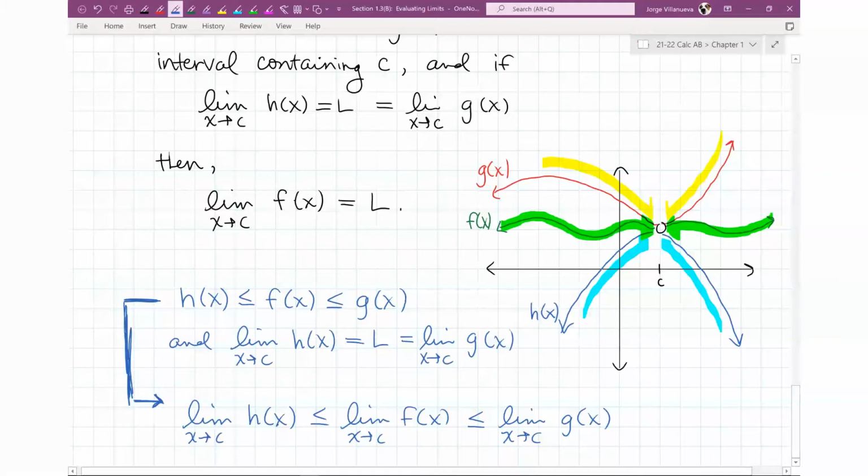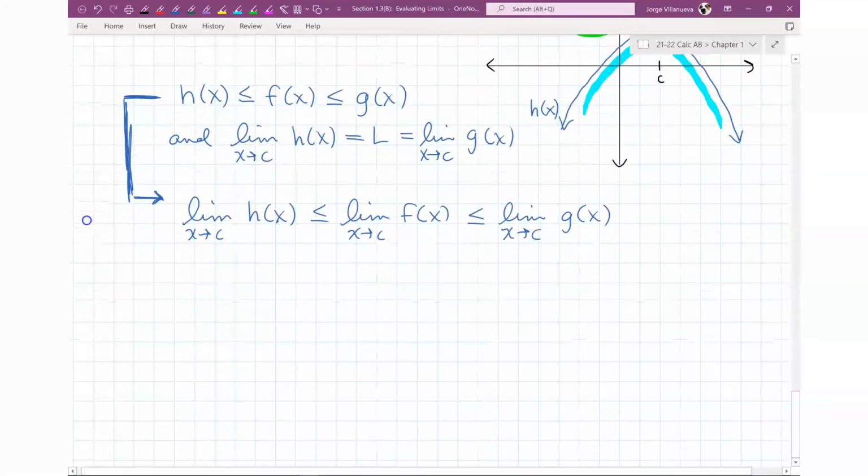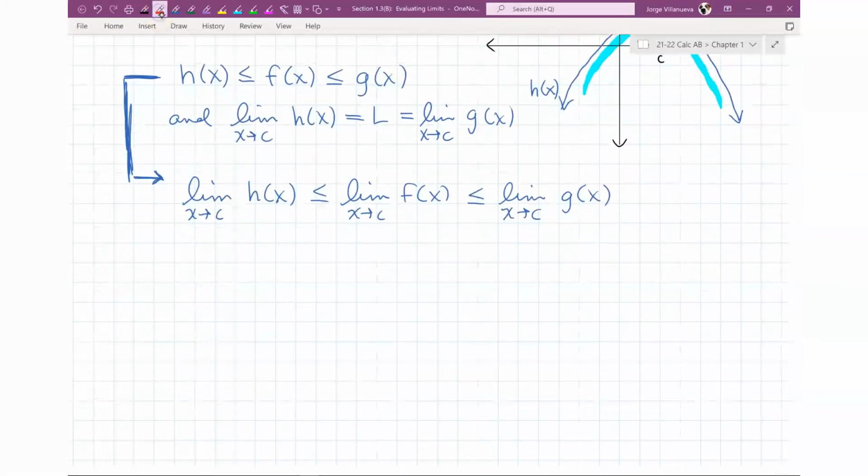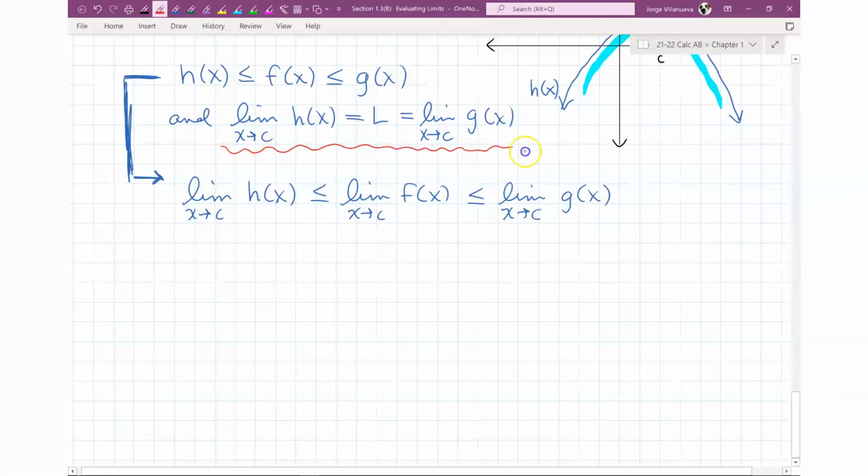Well, what's the limit as x approaches c of h of x? I think I wrote it right here. This is L, right? Less than or equal to the limit as x goes to c of f of x, less than or equal to what?